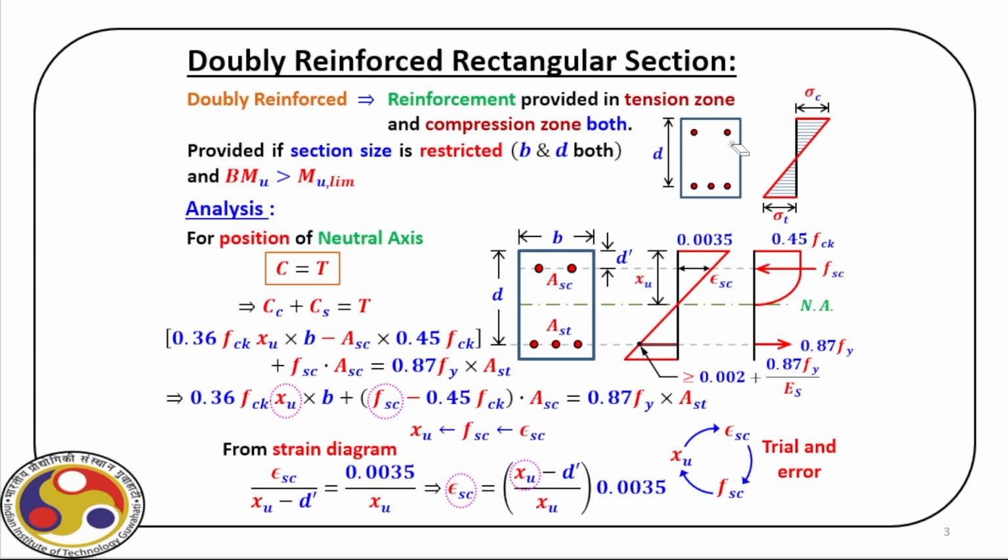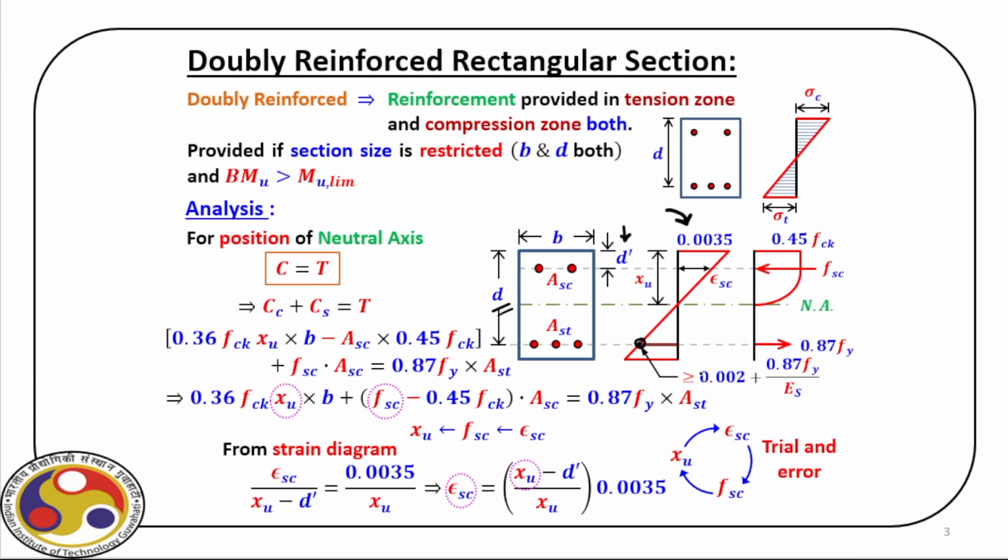Now for that, again, we have the stress strain diagram, as you can see here, to find out the neutral axis, right? Now, in addition to this d, we also define this d prime, that is the location of the compression steel. Now from the strain diagram, at the extreme fiber we have 0.0035 in the compression zone, and we are familiar with the strain in steel, that we have already used in our singly reinforced beam design.